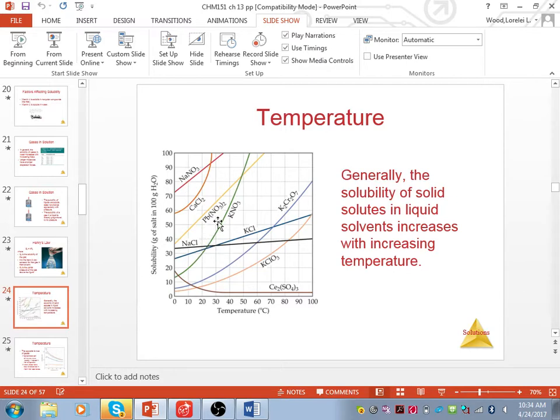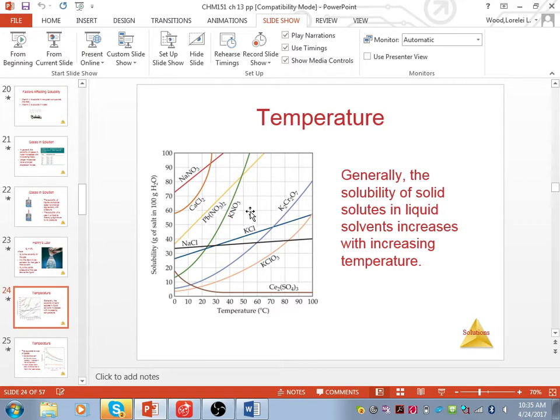Would their slopes, y equals mx plus b, be positive or negative? They'd all be positive except for this funny one down here. Occasionally you get a solid that is actually less soluble as temperature goes up. I'm not exactly sure why that particular one is, but most solids dissolved in solutions have degrees of solubility.